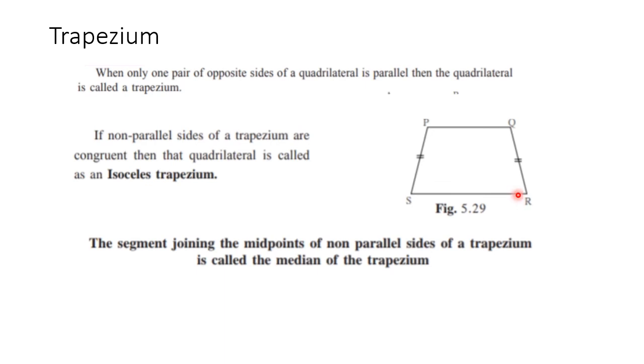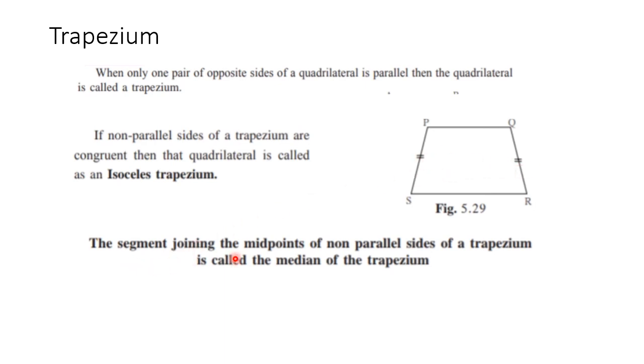So what is the property of the trapezium, or how do we identify whether it is a trapezium? When only one pair is parallel and not the other pair. And it is an isosceles trapezium when the non-parallel sides are congruent.